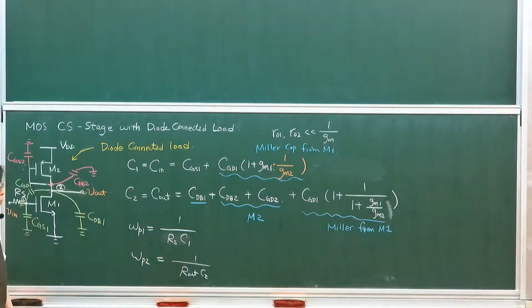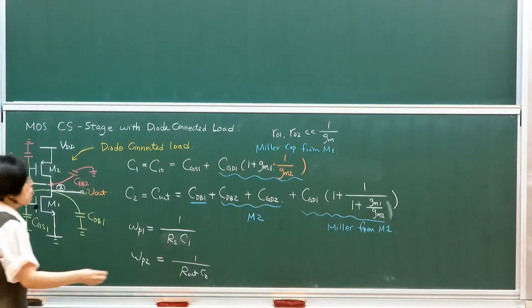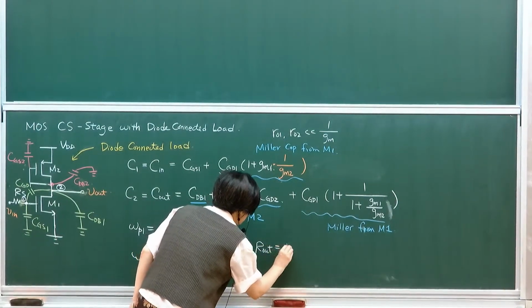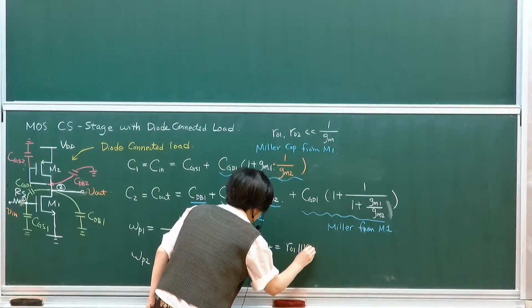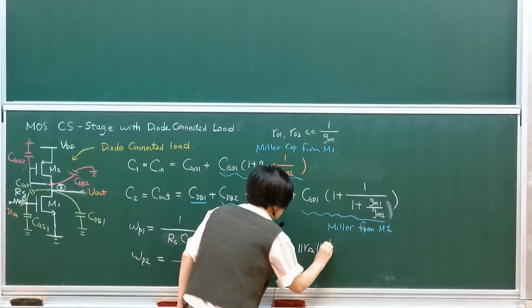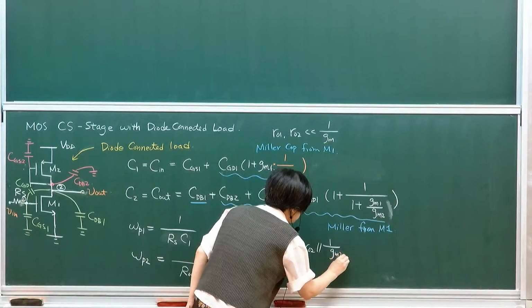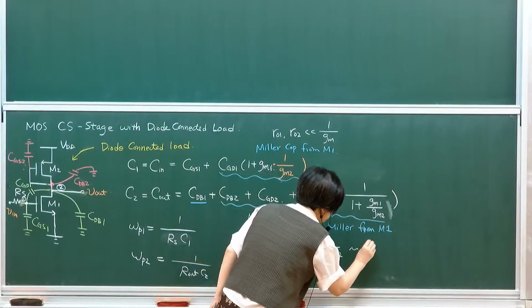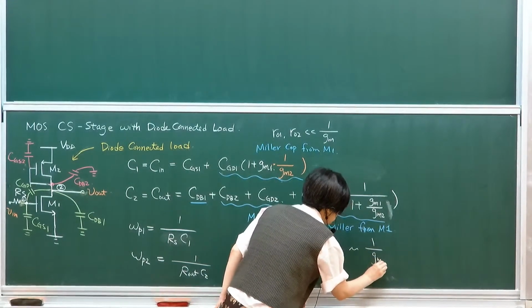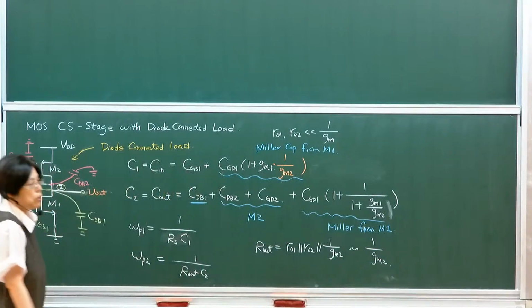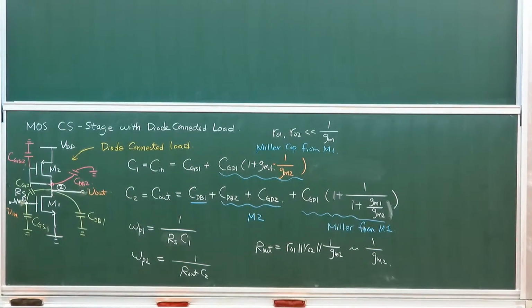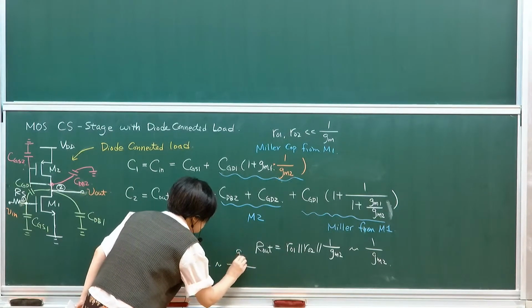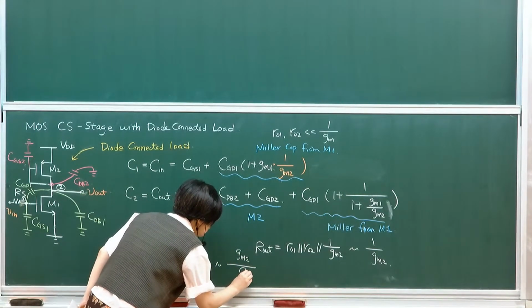If you want to be precise, the output resistance in this case will simply be RO1 in parallel with RO2 in parallel with 1 over gm2. That will be approximately the smallest resistance dominating, so it will be 1 over gm2. So this can be approximated as gm2 over C2.